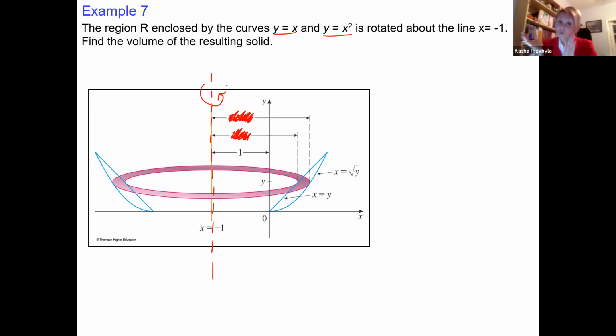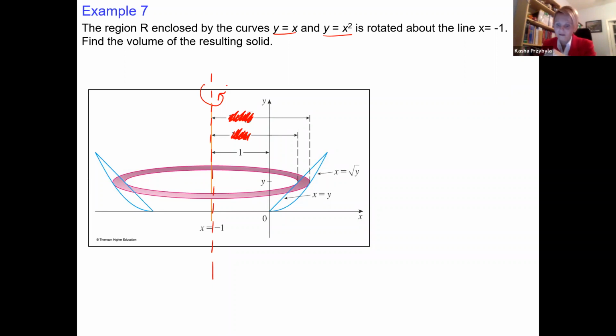That means, do you think we will integrate in terms of x or in terms of y? In terms of y, because any vertical line is respectively the same as the y-axis, which is vertical. When we're rotating about a vertical line, we have to slice it and get that circle or that washer.